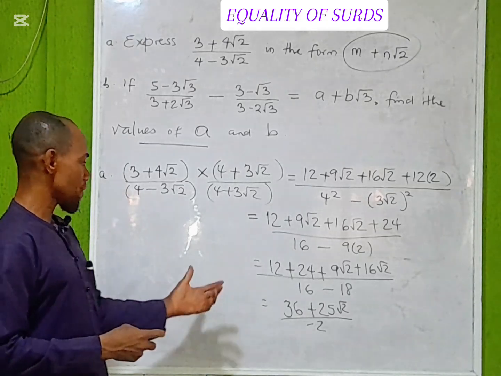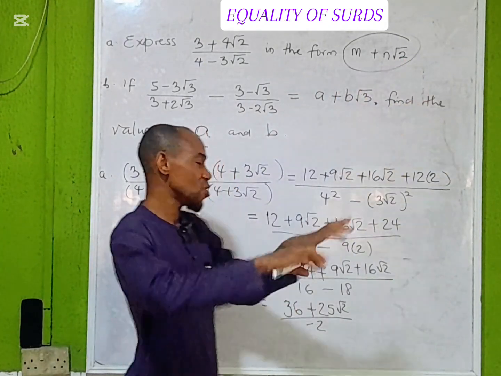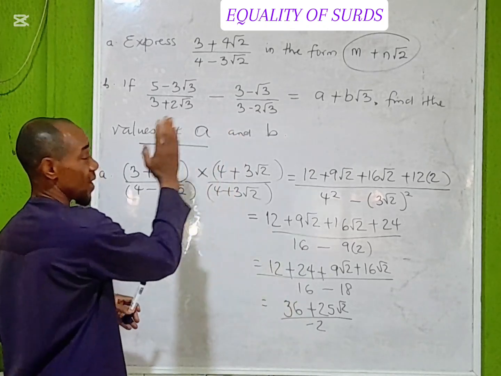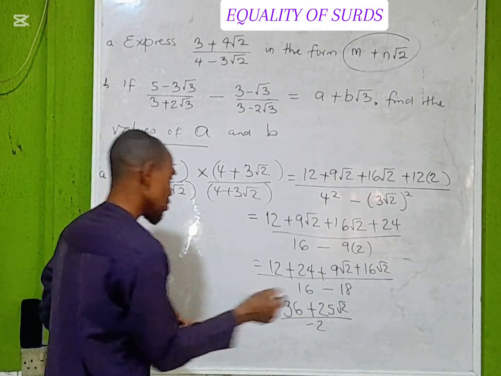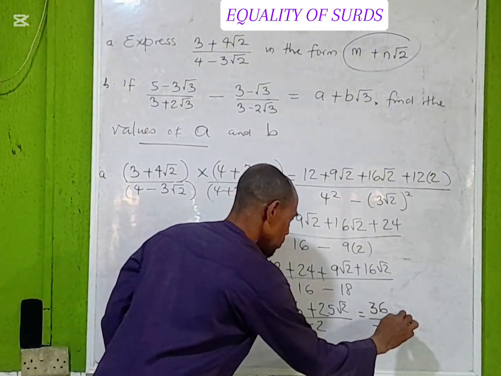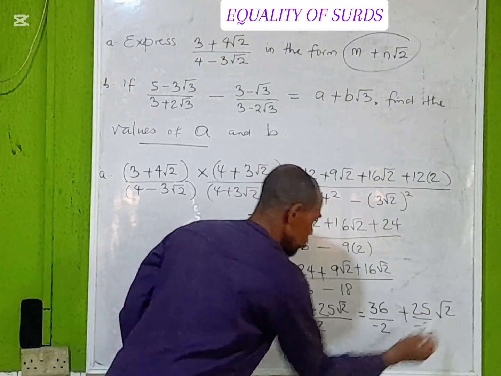However, because we are asked to express in the form m plus n root 2, meaning we are separating, whereby you have an m standing alone and an n as a coefficient of root 2. So by separating here, we are going to have 36 over minus 2 plus 25 also over minus 2 root 2.